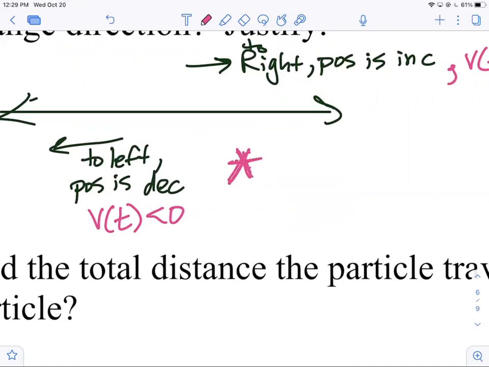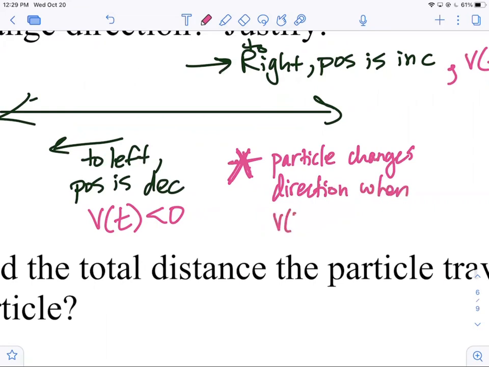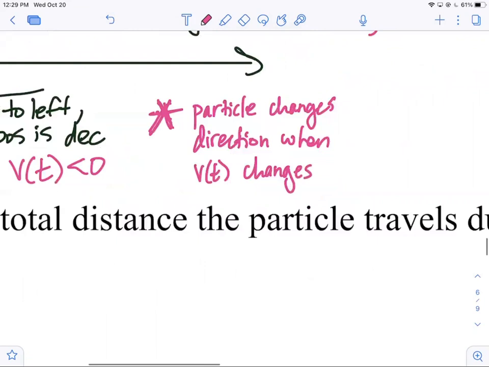So let's write that. This is just us thinking out loud. Particle changes direction when V of t changes from, I'm going to say plus to minus or minus to plus.